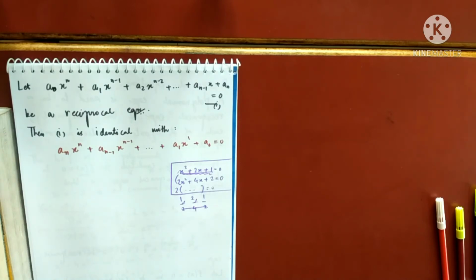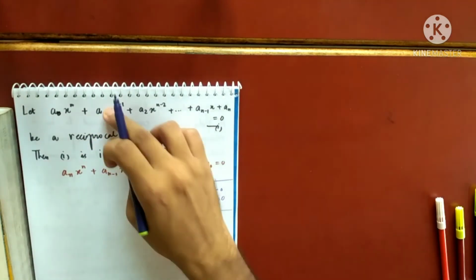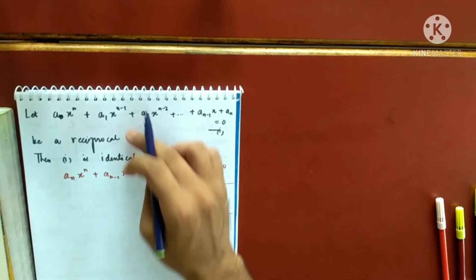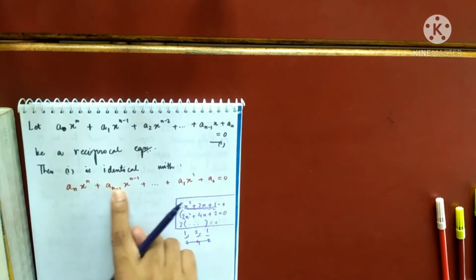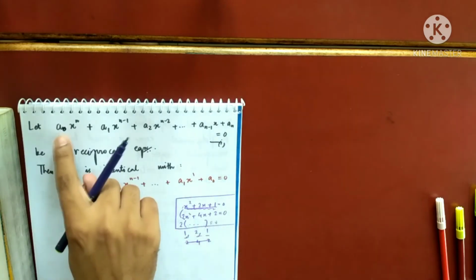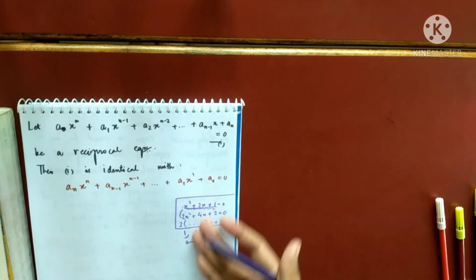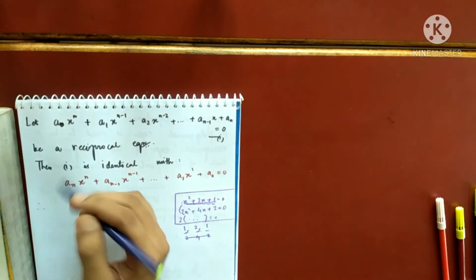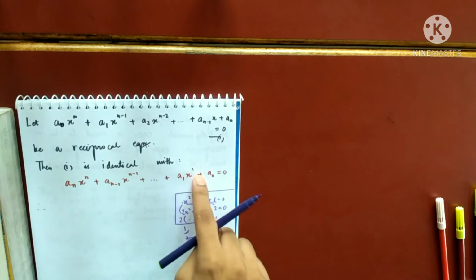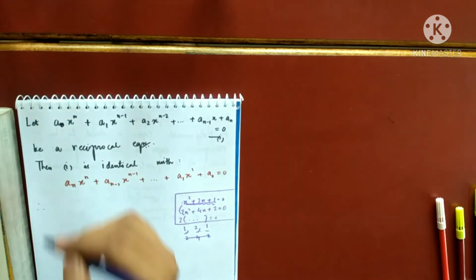So if these two equations are identical, every coefficient here must be a scalar multiple of these coefficients, just using this fact. So from here what can I say? Therefore this coefficient, or you can write any one of them. Suppose I am writing this coefficient only.